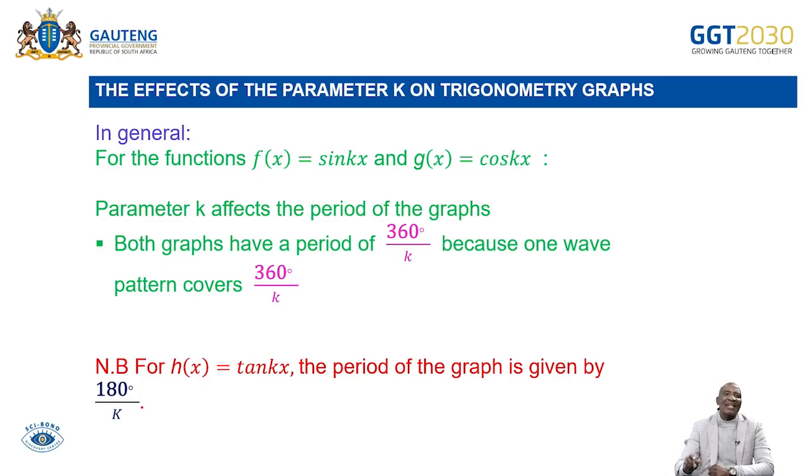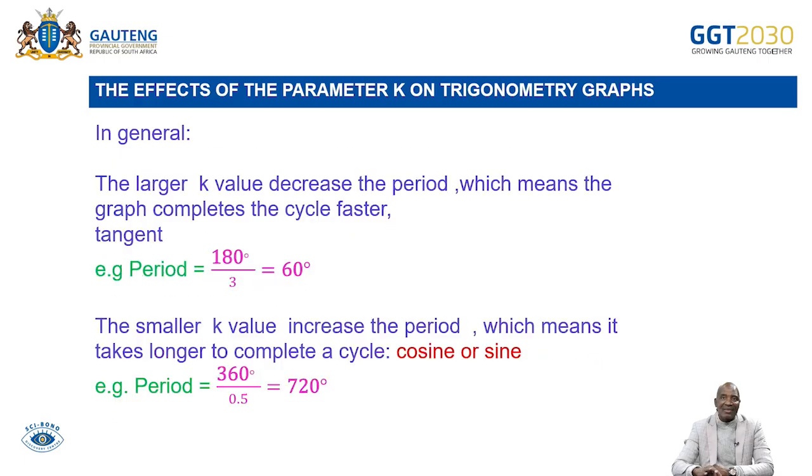And the frequency of the graph will be 2, meaning it appears twice within a revolution. Then for the tangent, you divide the period 180 by k. If k is 2, the new period will be 90 degrees, and so on. That's the effect of introducing a parameter k to an angle.